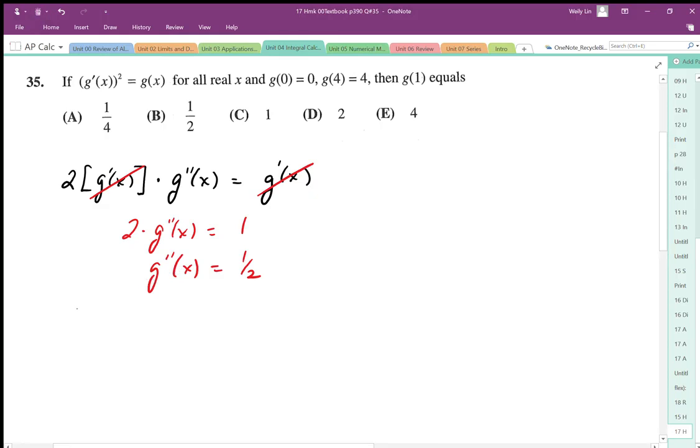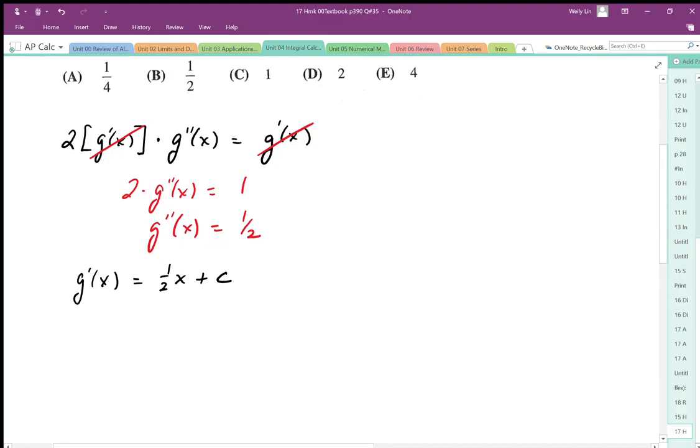So I can anti-differentiate this to get g prime, and that's going to be equal to 1/2 x plus c. And I can't plug in because I don't have a g function, but I'm going to anti-differentiate this again, and I'm going to end up with 1/2 x to the power 2 divided by 2 plus c times x plus another c, which I'm just going to call k.